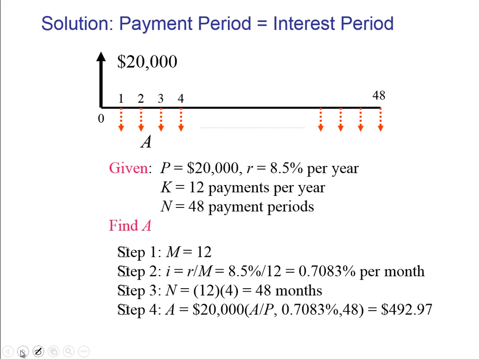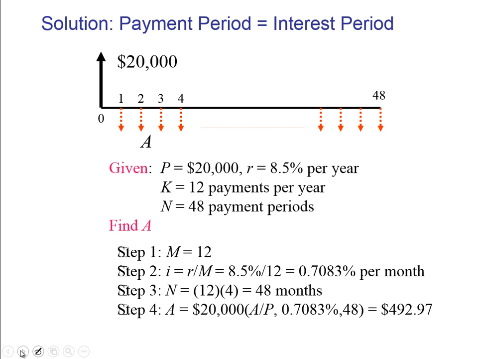Subtracting the $2,678.95 from the total, you get $20,000, which is left on the account to be paid back. R is 8.5% per year, which is the nominal rate. Payments per year are 12, one per month.